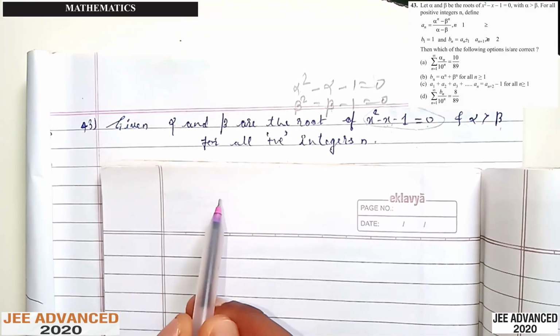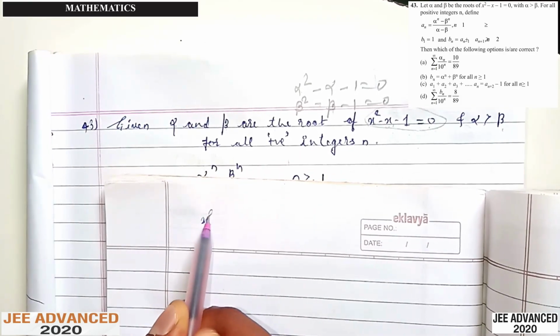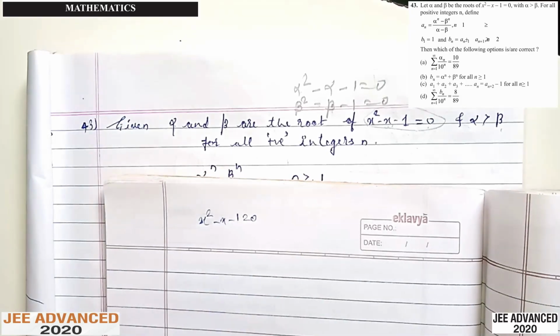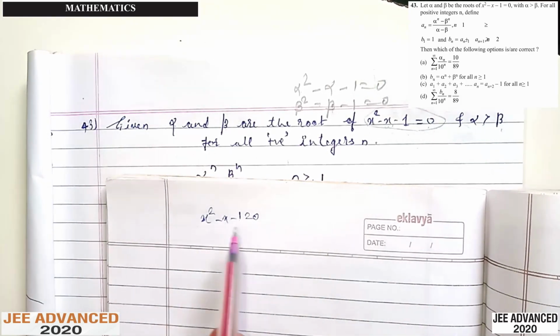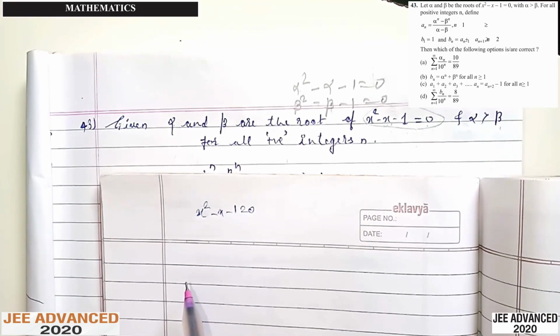The quadratic equation we have here is x squared minus x minus 1 equals 0. Now let's find the roots of this quadratic equation.